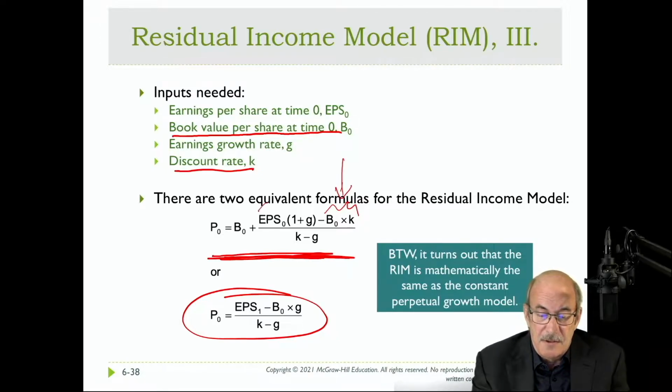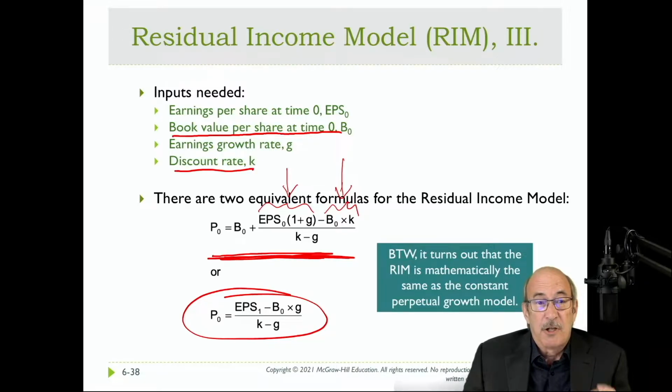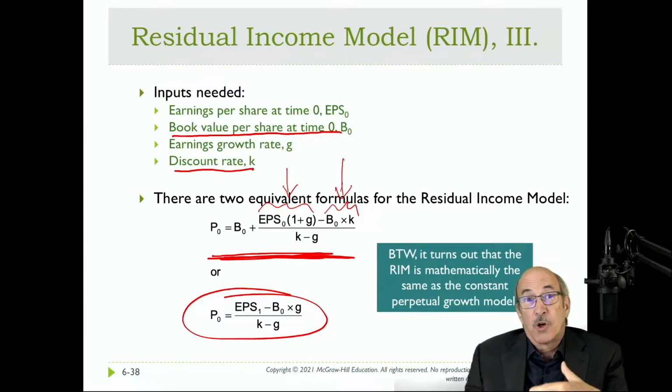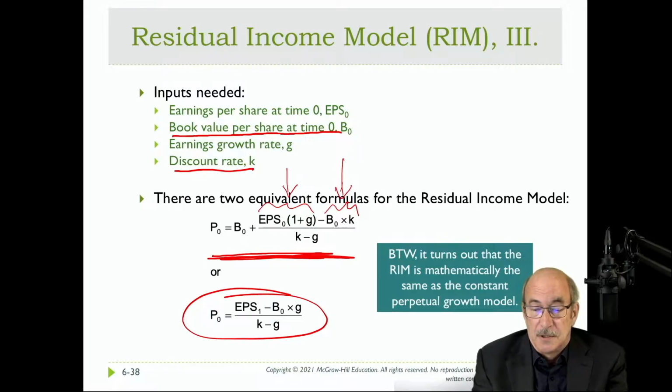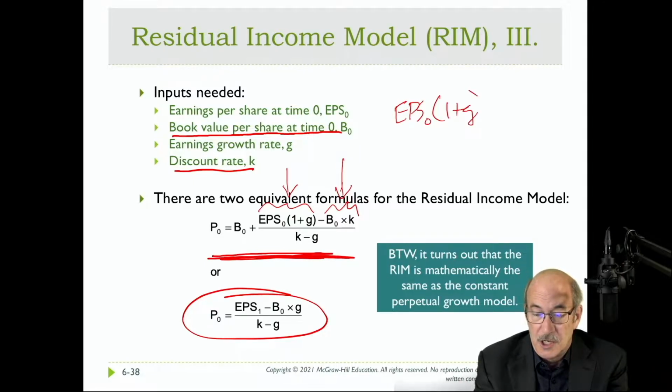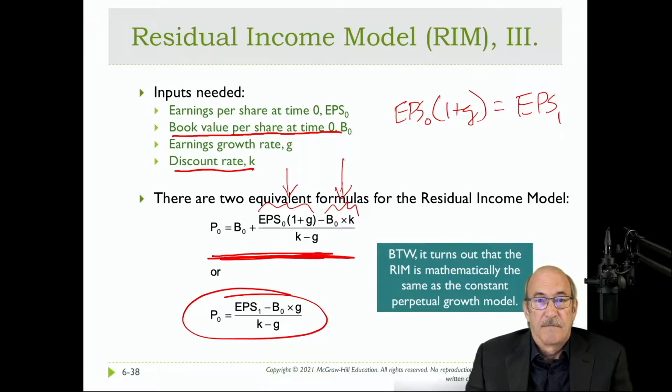And then this term in the numerator right here, that is the actual earnings. It says EPS 0, that's last year's earnings, but we're going to grow that at the growth rate of earnings. So EPS 0 times 1 plus G is equal to next year's earnings.